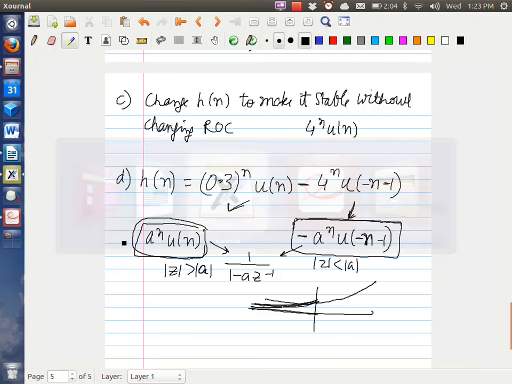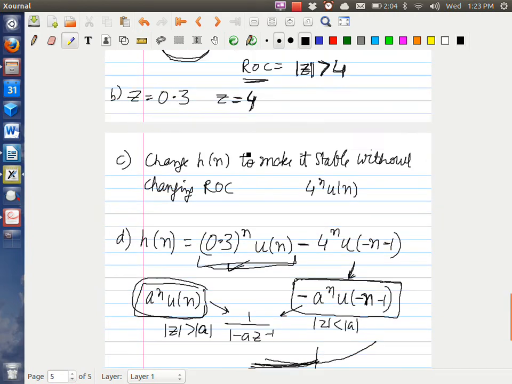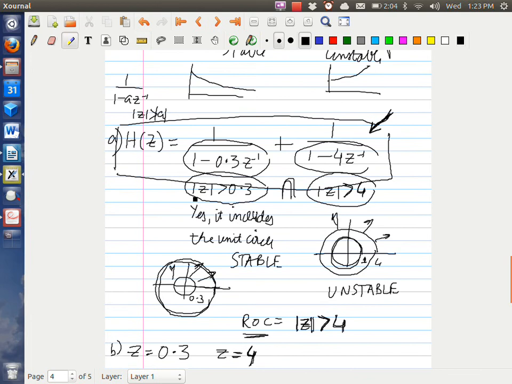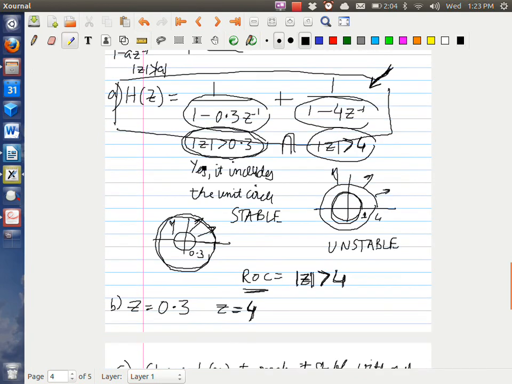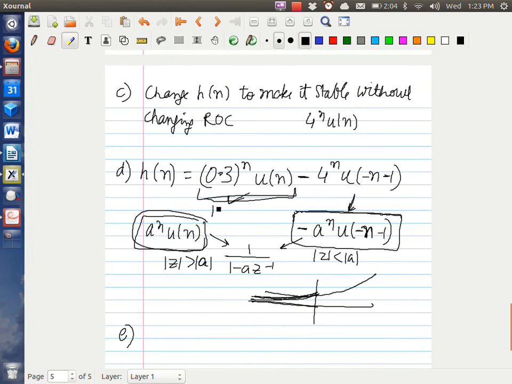Then give the ROC of the answer from part B. What's the new ROC? So what was the ROC for this term? You go back to your answer from part A. You had the ROC z greater than 0.3, so it's still going to be the same here for this term. I mean, we didn't change anything here. It's still the same, 0.3 to the n u of n.